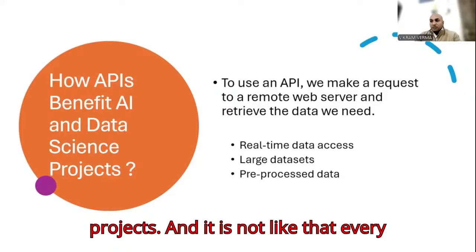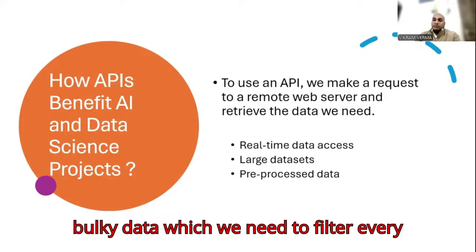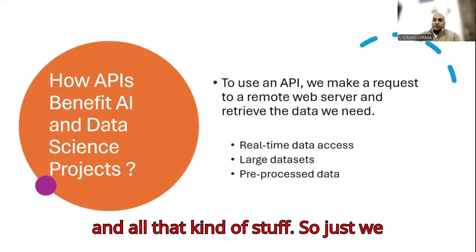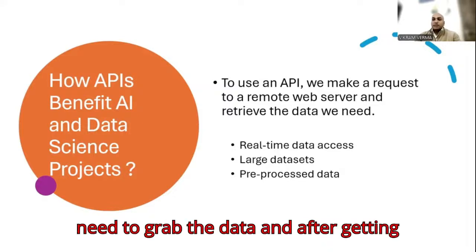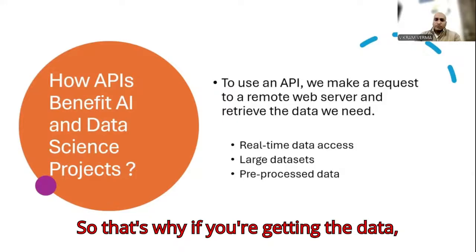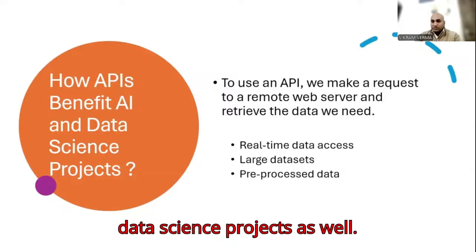And it is not like every time we are going to get bulky data which we need to filter every time. We can get pre-processed data, which is already enriched with filters and all such kind of stuff. So we just need to grab the data, and after getting the data, we are going to go ahead. So that's why, if we are getting the data, we can get good benefits of API in data science projects as well.